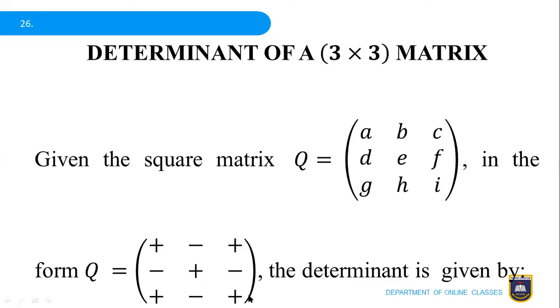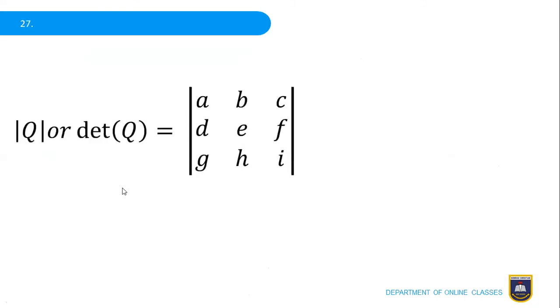Take note of that. That is the order of a given 3 by 3 square matrix. Now, the determinant of Q is given by the whole of this. If I bring this symbol, it means we are finding the determinant of the matrix.